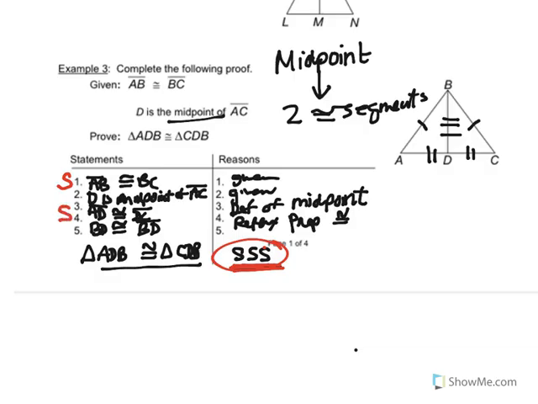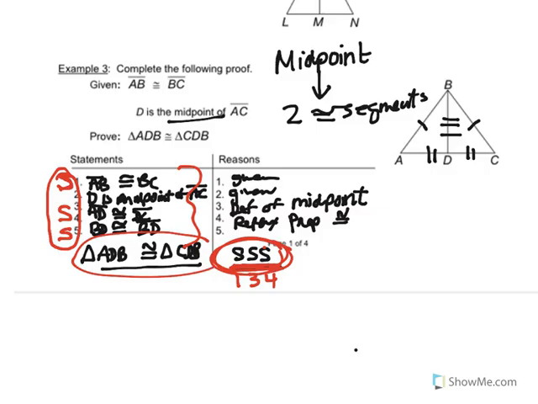There's another side. And then we have BD is congruent with BD. There's the other side. You have to have all 3 statements somewhere in your proof in order to be able to write it down like this as a reason. Okay, so we have them all right there, side, side, side. So we, in statement 1, in statement 3, and statement 4, we have adequate proof for these 2 triangles to be congruent. Okay, let's move on.